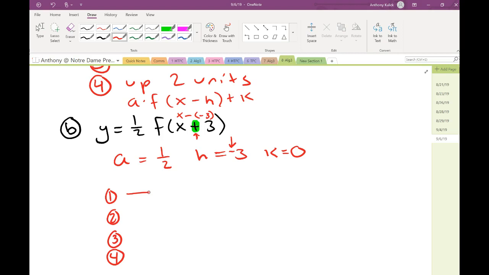The next thing asks, is the absolute value of a equal to 1? In our case, no, it's not. So something happens. What is the absolute value of 1/2? 1/2. And since that is less than 1, we know that we have a vertical shrink.